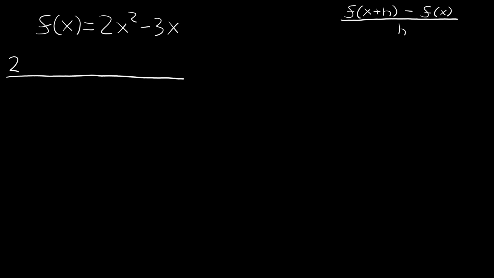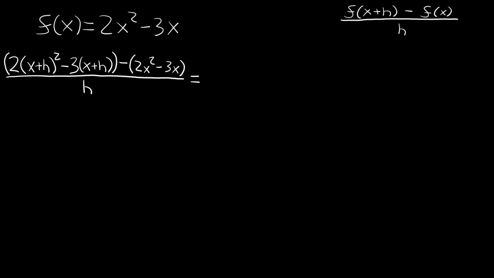So 2 times x plus h squared minus 3 times x plus h. Make sure this is in parentheses. Minus then f of x, so just our function in parentheses, 2x squared minus 3x all over h.